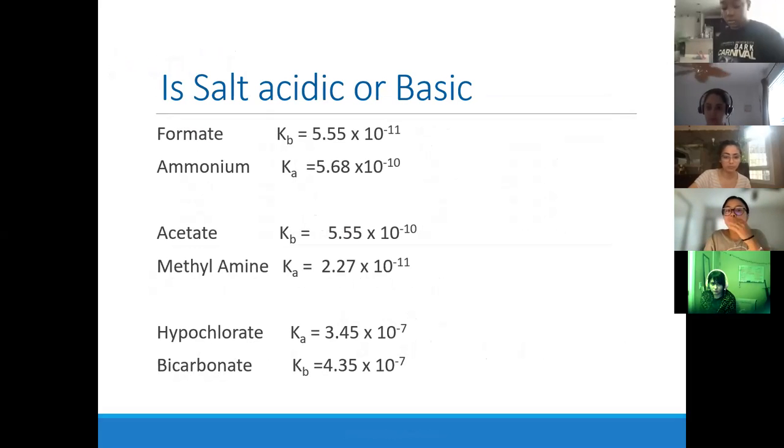Athar, I have a salt. The salt is ammonium formate. My Kb of formate is 5.55 times 10 to the minus 11th. My Ka for ammonium is 5.68 times 10 to the minus 10th. Is ammonium formate going to form an acid or a base solution?